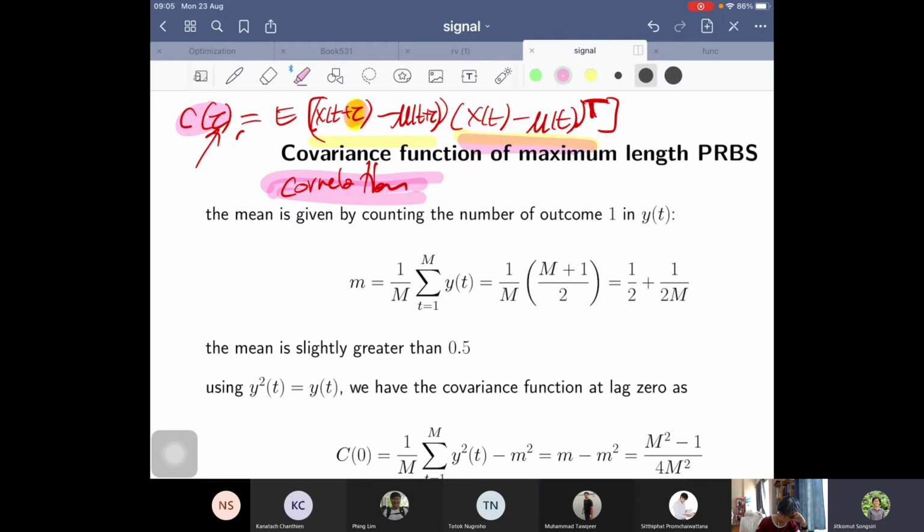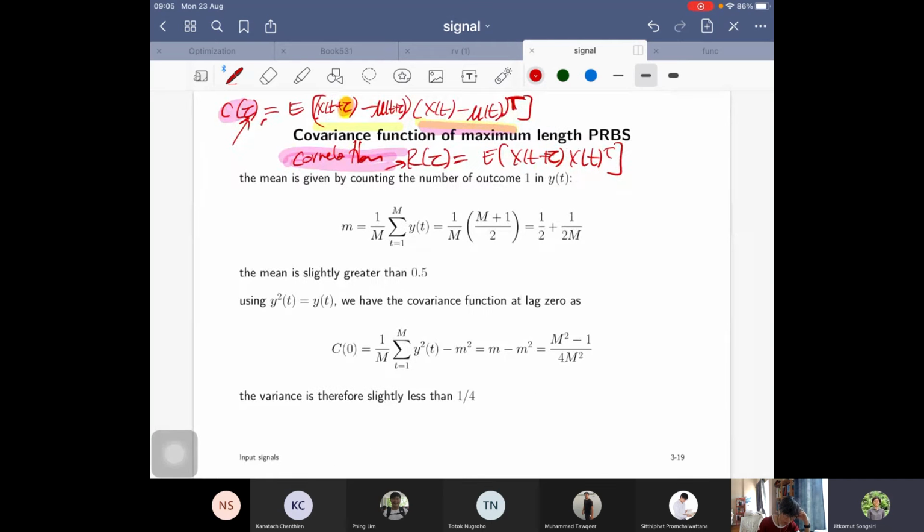Can someone answer this? Subtraction using the mean. Yes, in correlation we don't subtract the mean. Very good. For correlation, we typically use the term R(tau). We don't need to subtract the mean.